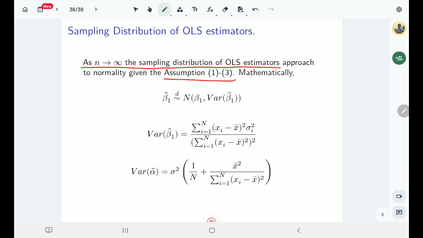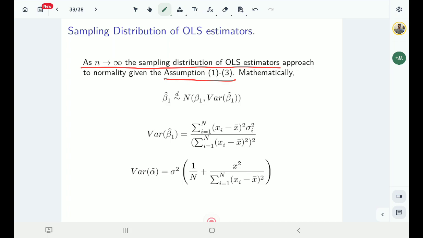If the expectation of errors conditional on x is 0, if x and y are IID, so they are based on simple random sampling, and the third assumption is that there are no outliers in the data.